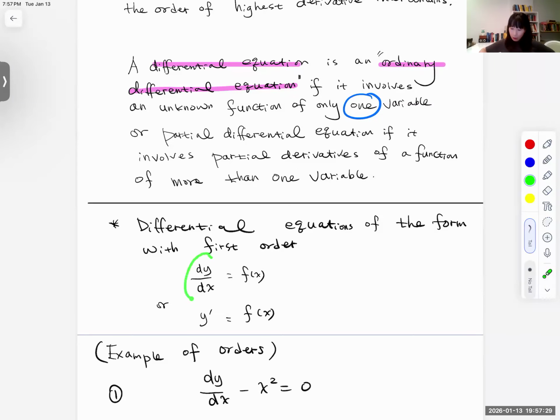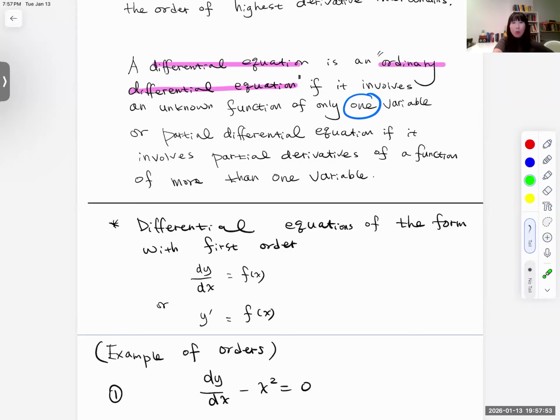Okay, so let's take a look at a differential equation of first order form. dy over dx means the derivative of y with respect to x, right? We call this f of x. Hold on one second.